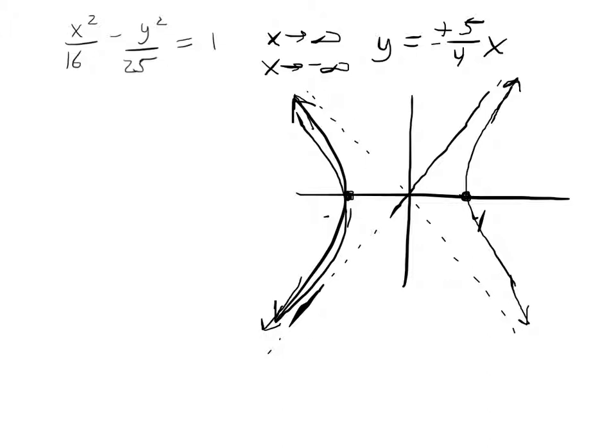And clearly, the larger x gets, the closer and closer that vertical distance is going to be between my hyperbola and its asymptote. That vertical distance diminishes the bigger x gets, or the smaller x gets.